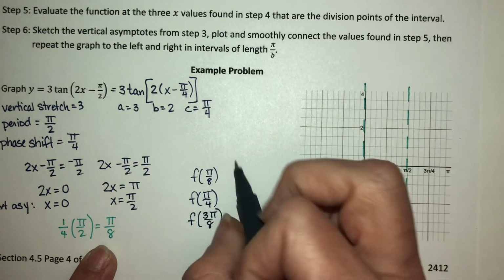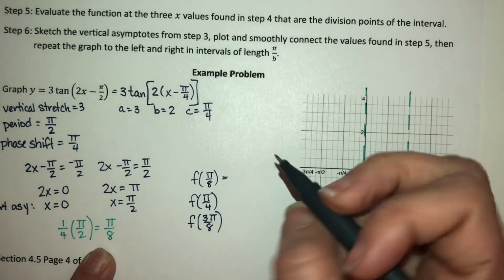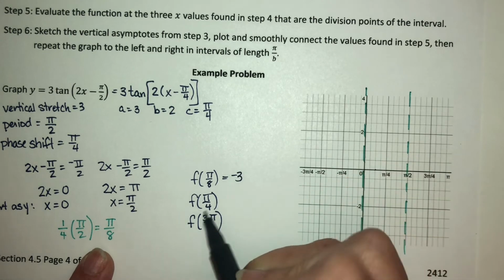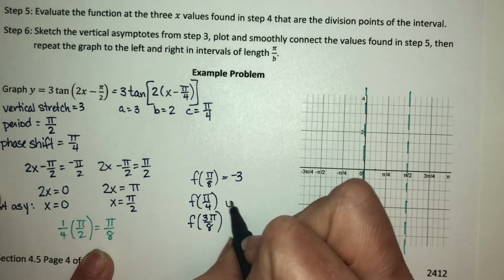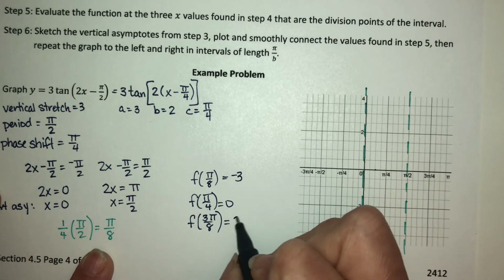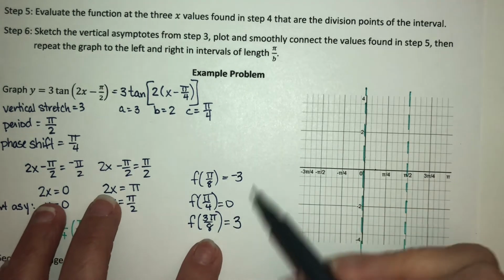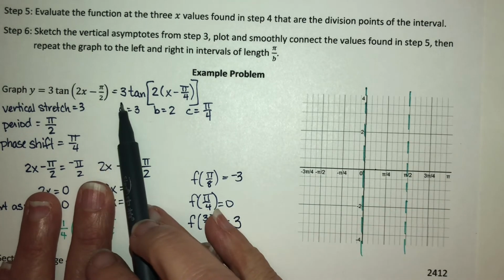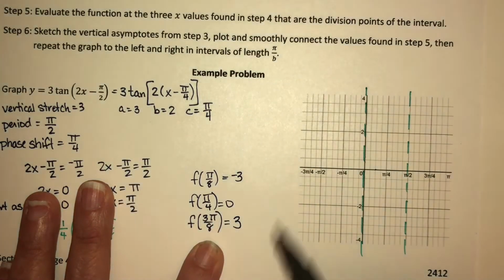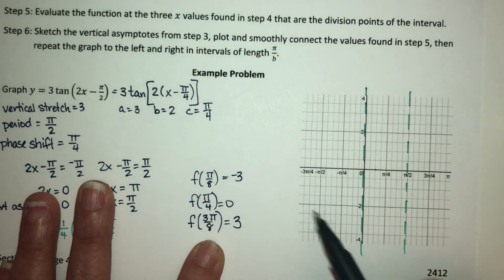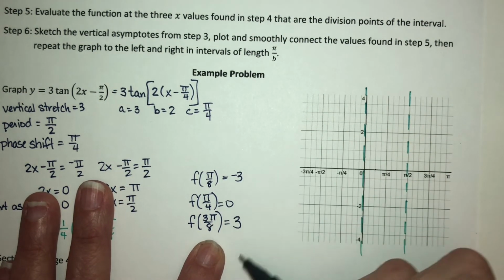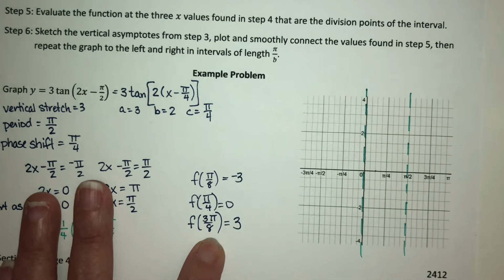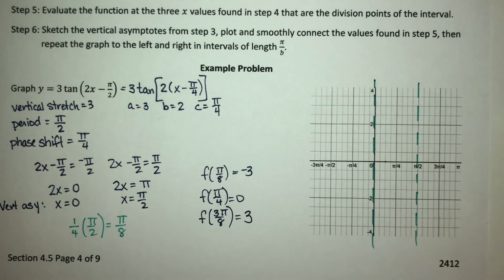Now, if you go to your calculator and you plug this in, you get -3. Here, you get 0. And here, you get +3. And this is how it should be, because this is our vertical stretch factor. Okay? And basically speaking, if you're just graphing tangent and you break it up into equal parts, you're going to have -1, 0, and 1.